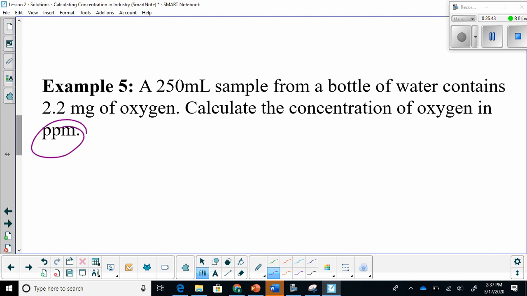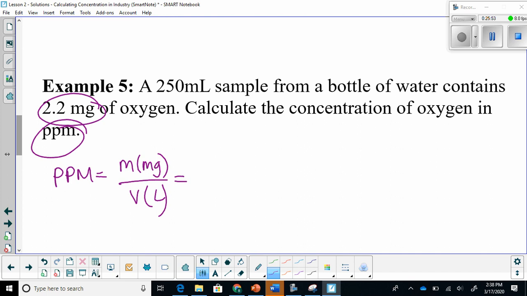Perfect. ppm is equal to mass measured in milligrams over volume measured in liters. Our mass is already in milligrams, so we can plug that directly into the formula. Divide that by our volume. Our volume needs to be converted into liters. You will need to divide by 1,000.